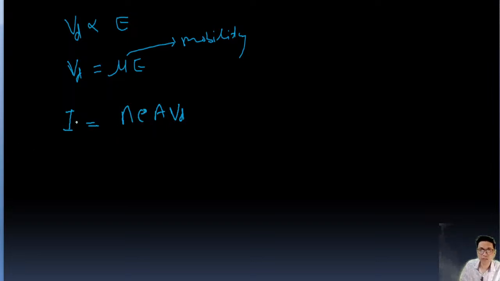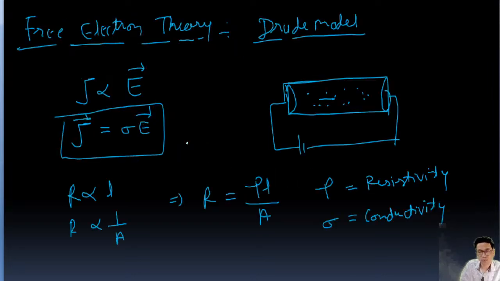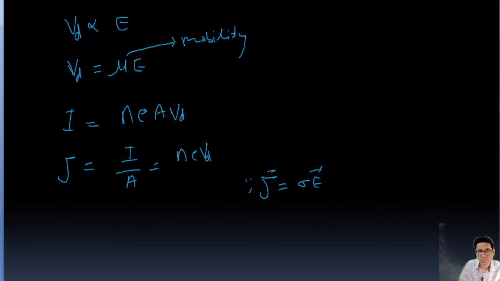Current density J is equal to I upon A, so J = NEVd. And J, as we know, is equal to sigma E, where sigma is the conductivity.